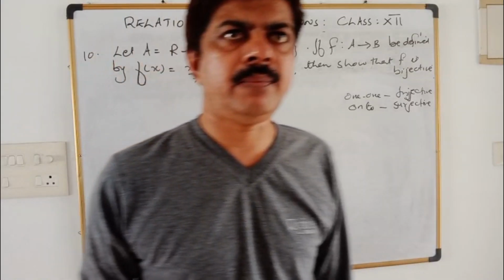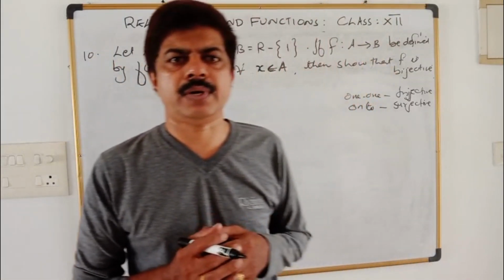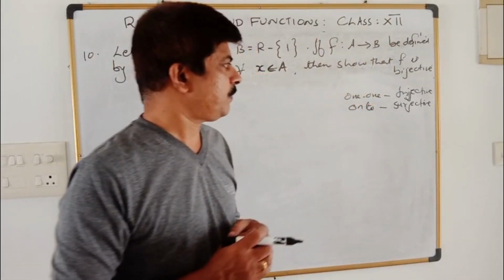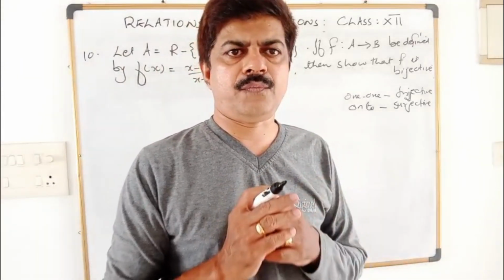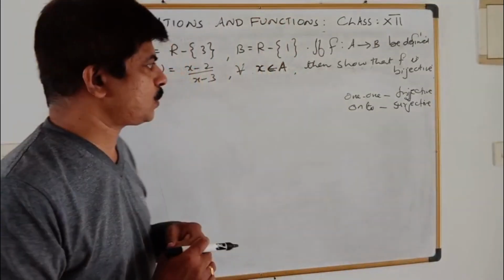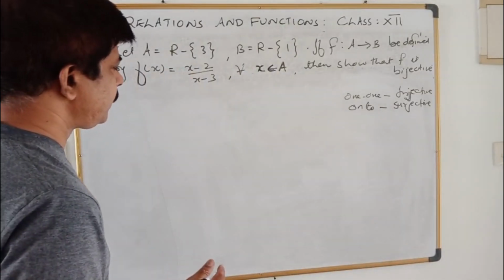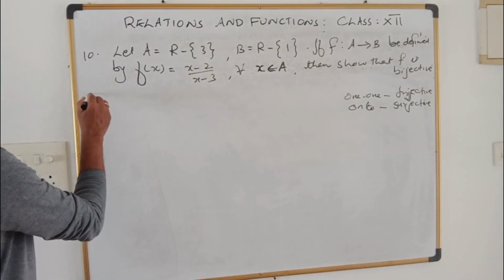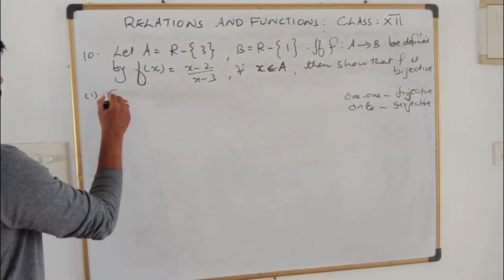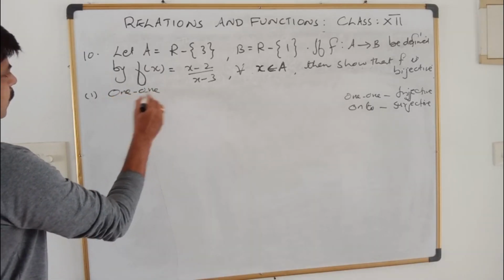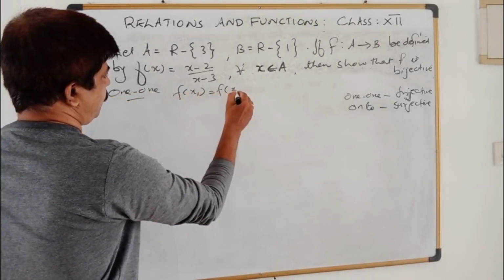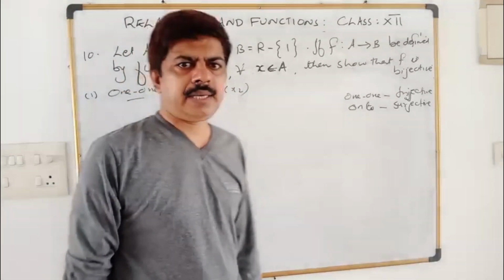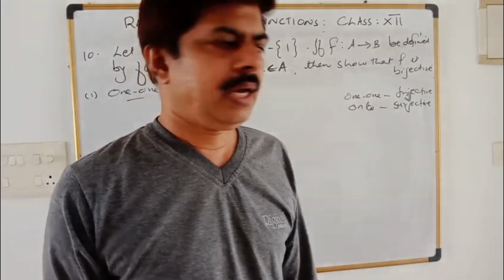How can you check that a function is one-one? We know the property: f of x1 equal to f of x2 implies x1 equal to x2. Okay, let us verify. So we are checking whether the function is one-one or not. f of x1 equal to f of x2 implies that x1 is equal to x2.